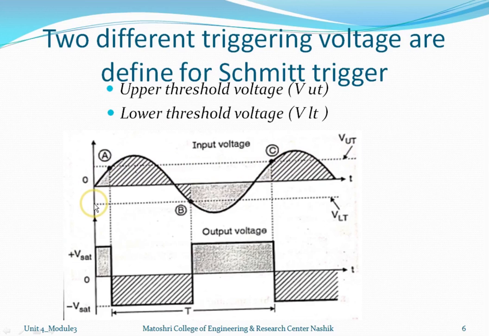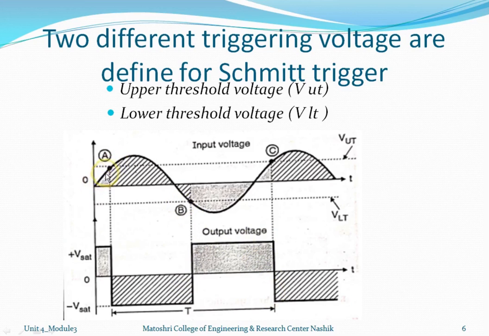On the negative side, a reference voltage is also introduced, which we call the lower threshold voltage VLT. In between VUT and VLT, any change of the input waveform does not affect the output waveform.